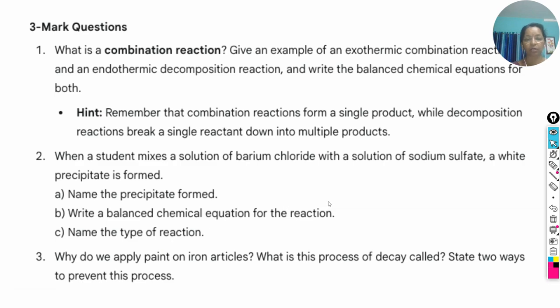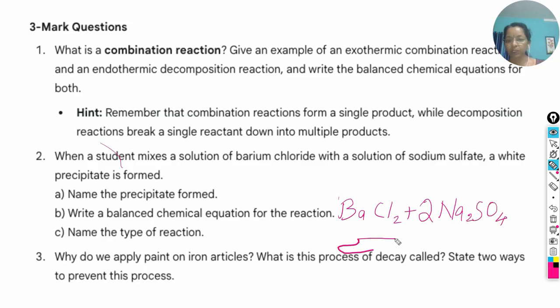Now the balanced chemical equation we can write here. Barium chloride plus sodium sulfate, Na2SO4, gives BaSO4, that is the precipitate, and NaCl.